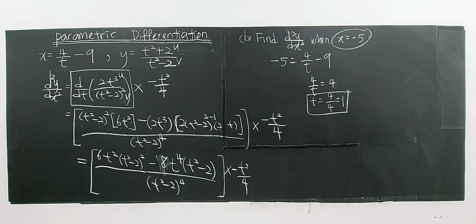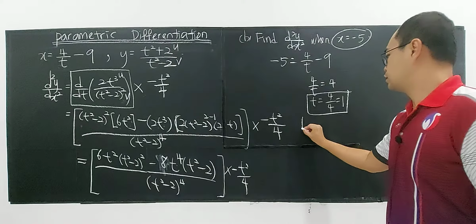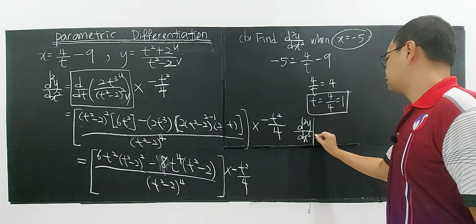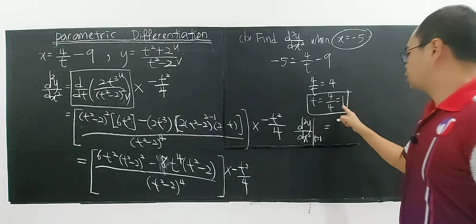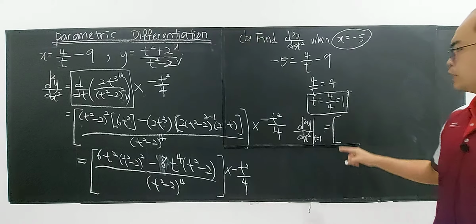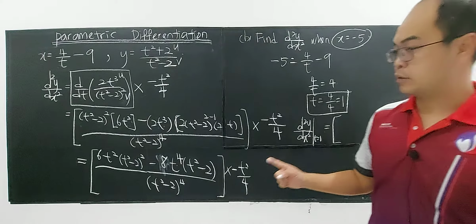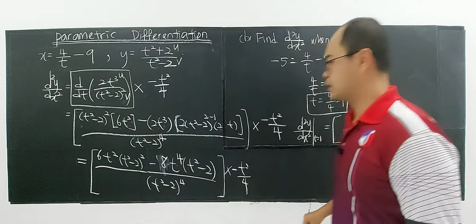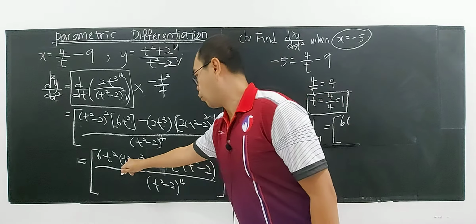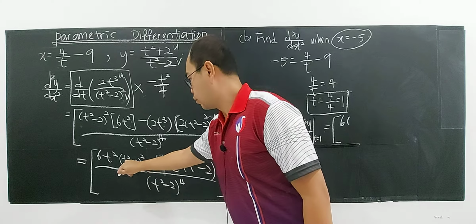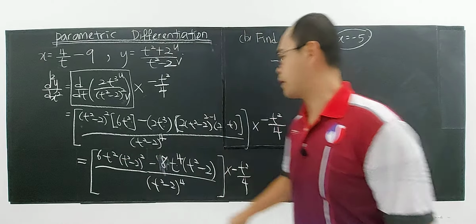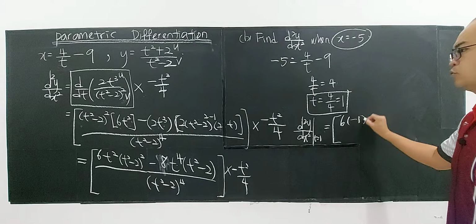So using t equals 1, substitute into d2y dx2 to get its value. When t is 1, 6 times 1 square, you have 6. Then 1 square minus 2, 1 minus 2 is negative 1, to the power of 2.